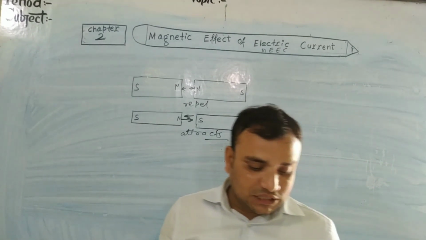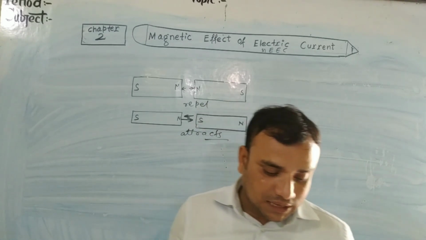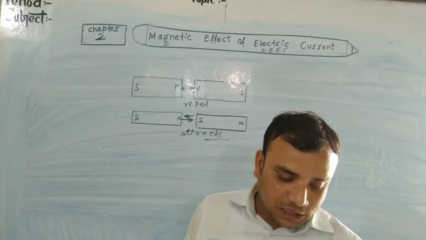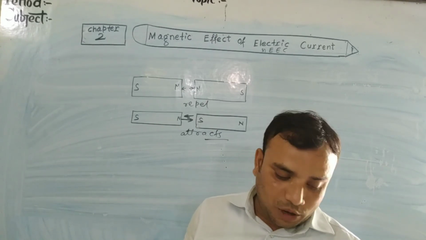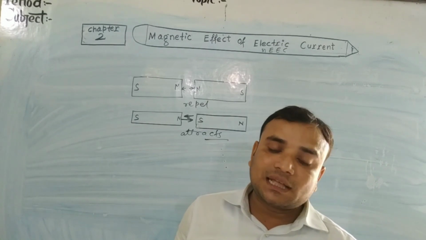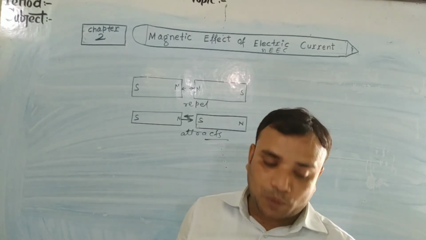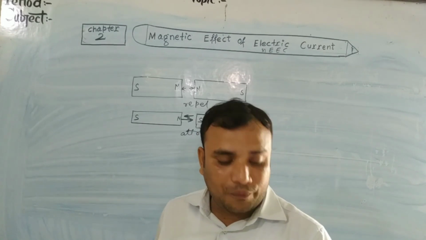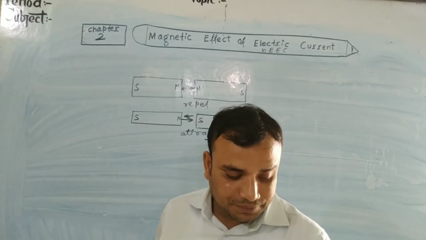This means that the north pole of a magnet repels the north pole of another magnet, but the north pole of a magnet attracts the south pole of another magnet.